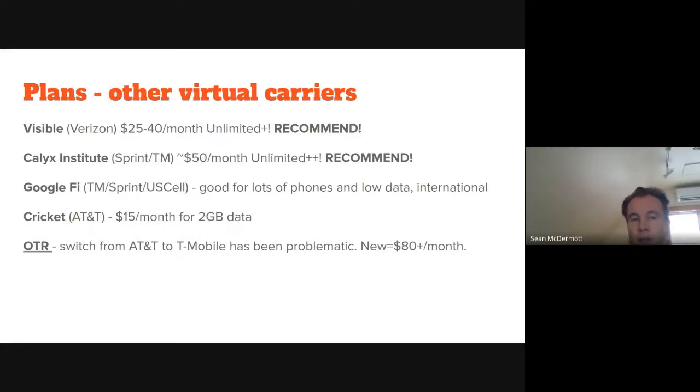Really good value. Calix Institute is one that a lot of people haven't heard of. I used it for a year in my first year of travel a couple of years ago for just Sprint, before they had the T-Mobile roaming. And you also had to pay for a year in advance with a router. It was like a $500 investment for a year. But when you break it down, you got a router that was worth about $100.